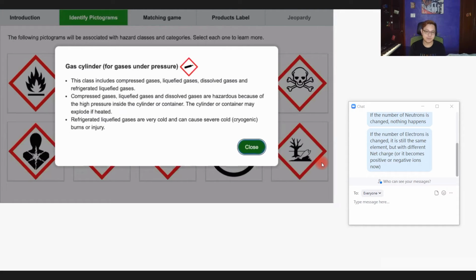Refrigerated liquefied gases are very cold and can cause severe cold burns or injury. Cryogenic: cryo means ice, and genic means to create or generate, to make something new. So to make ice, so-called severe cold. You can have burns when it's very cold too.